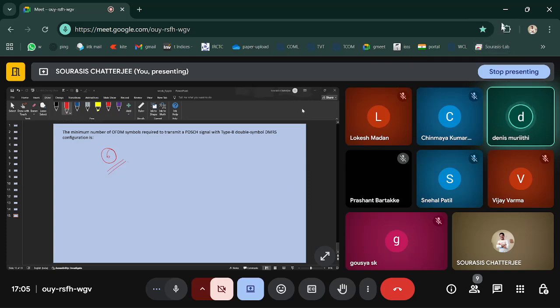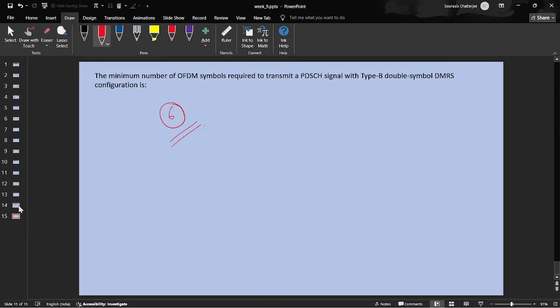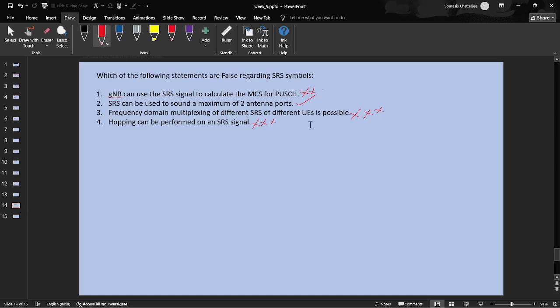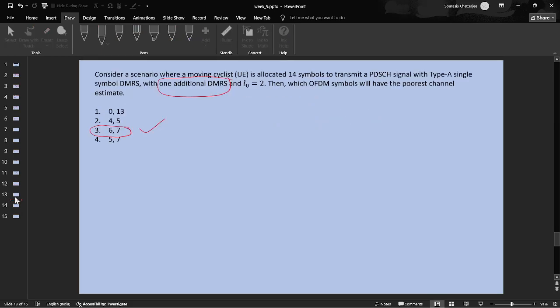Can you go back to the previous question? The previous one here. Are you referring to a table? Can you just repeat once? Did you refer to a table?